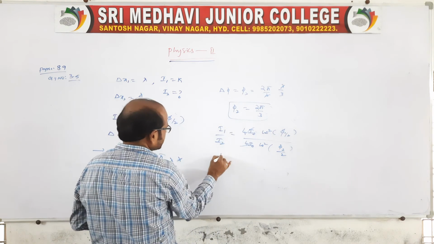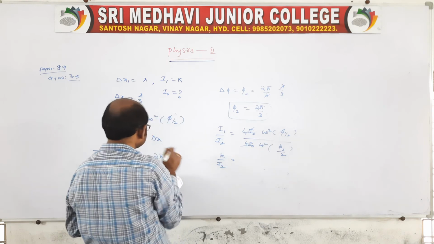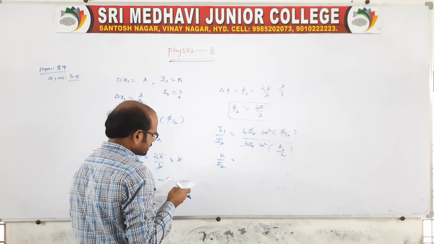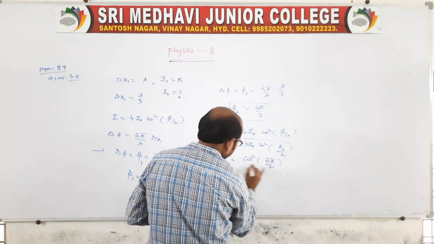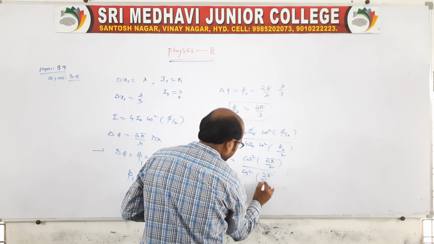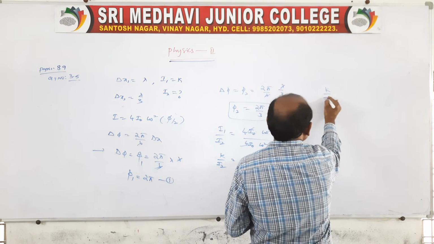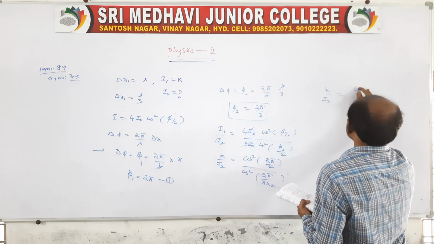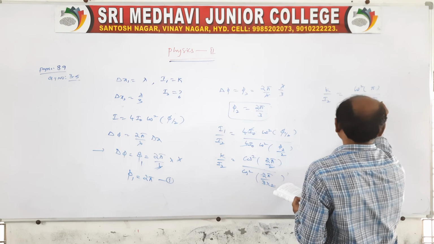I1 is given as k, asking I2 of course, and here cos square 2 pi by 2 by cos square of 2 pi by 3 into 2. So you cancel 2 cancel. See, k by I2 is equal to cos square pi by cos square pi by 3.